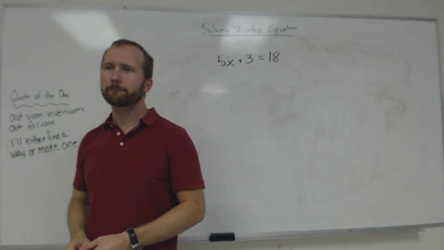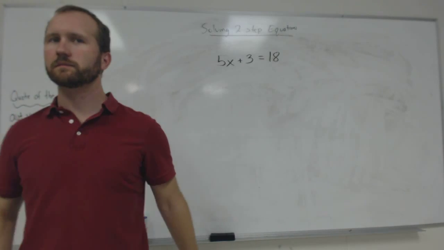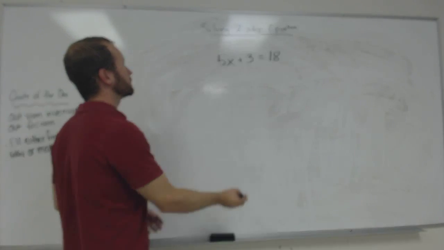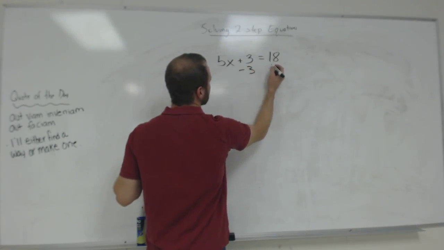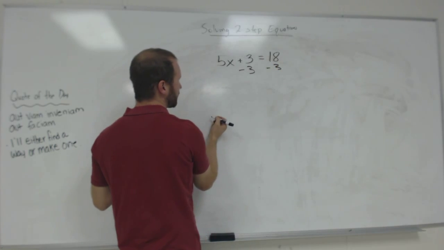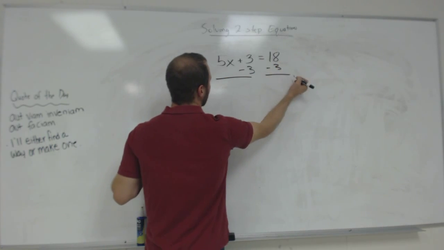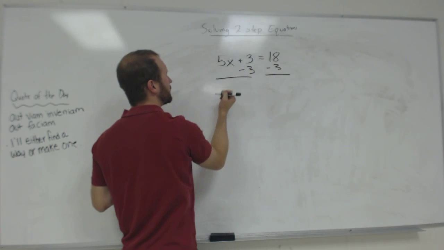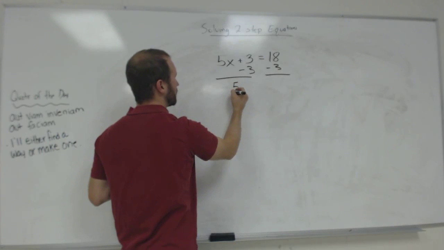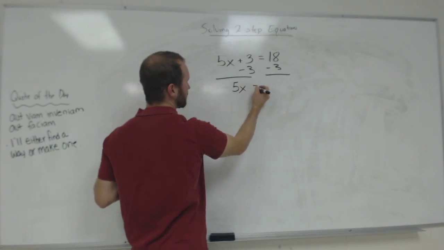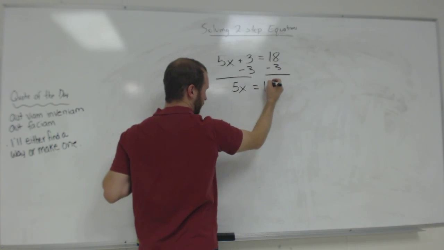First step. Yes. You subtract 3 from both sides. 5x plus 3 minus 3 is 5x. Equals 15. 18 minus 3 is 15.